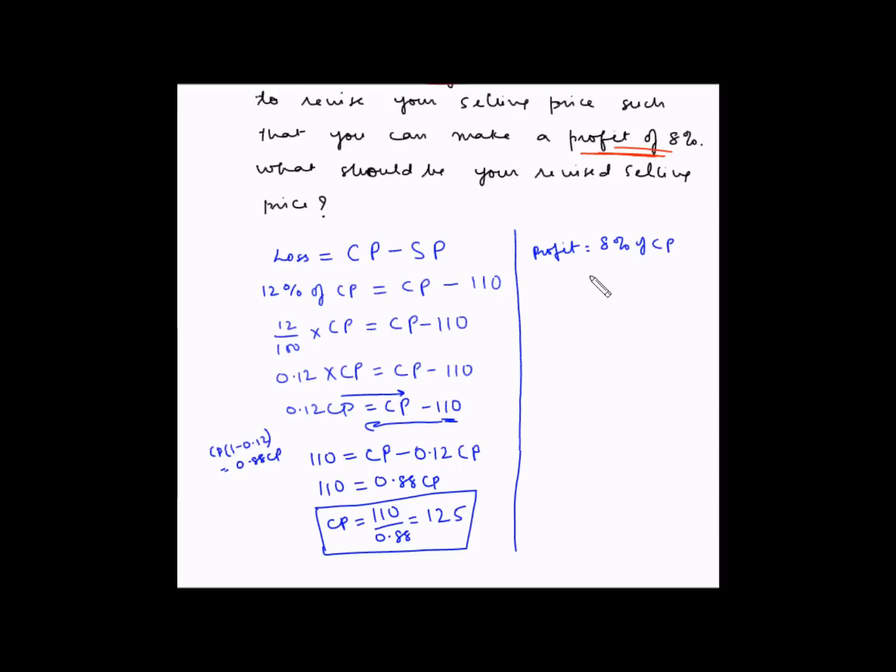So 8% means 8 divided by 100 multiplied by 125. This is equal to 0.08 multiplied by 125, and this is equal to 10. So profit is equal to 10.